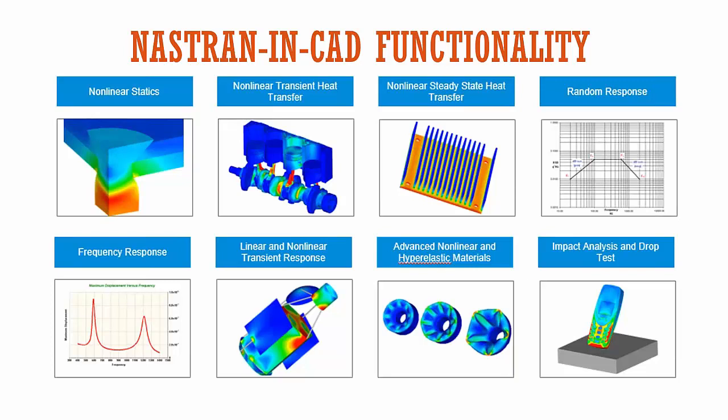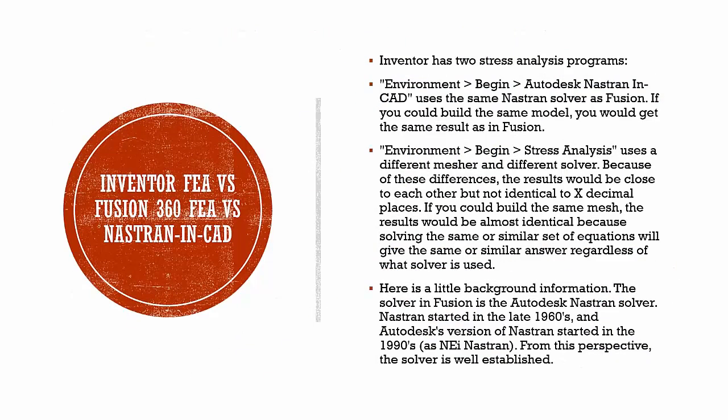So yes, hyperelastic materials are valid to do in Nastran. Impact analysis and drop test. So these were the functionalities of FEA in Nastran, and I would now like to tell you about the different FEA software in Inventor, Fusion, and what is Nastran.